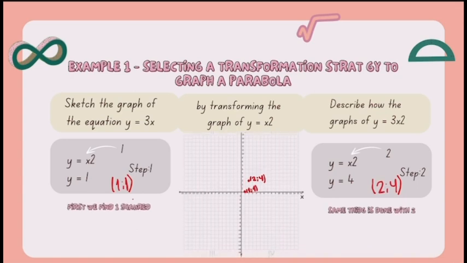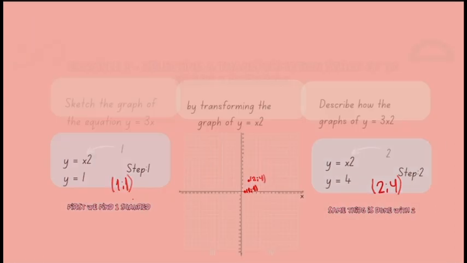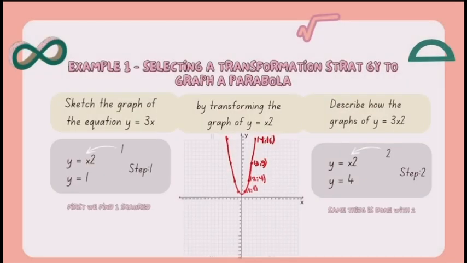So now let's do the following instructions to complete the second graph of y equals 3x squared. So let's take 1 from the x-axis and put it into the place of x. Boom! And 1 squared multiplied by 3 is equal to 3.